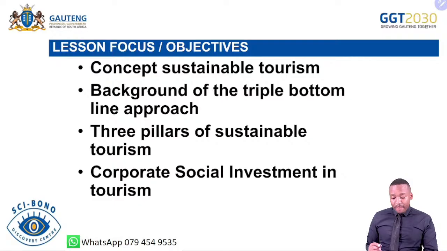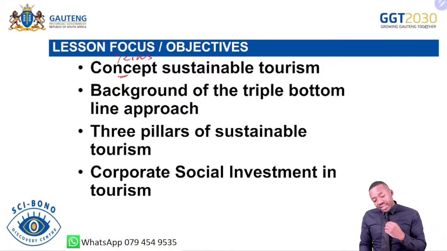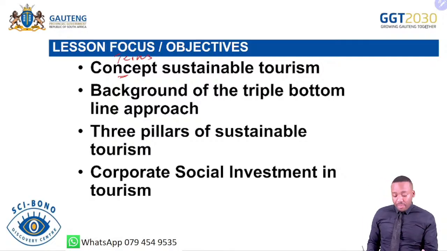We're going to learn about the concept. Remember, I said when we are talking about the concept in tourism, we are talking about the terms or terminology. So you're going to go back a bit and learn what we are talking about when we're talking about sustainable tourism. That's what we're going to learn today.